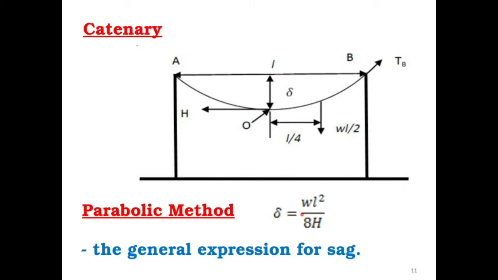The wind force will come into the scenario as well, and H is the tension that acts on the conductor, and that is the tension because of the tensile strength factor of safety that we choose. Is that okay?